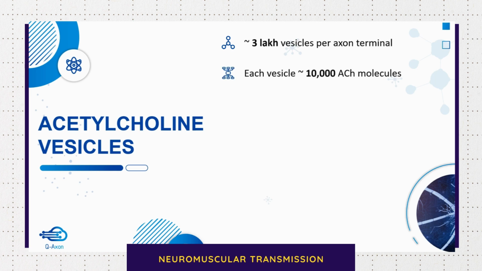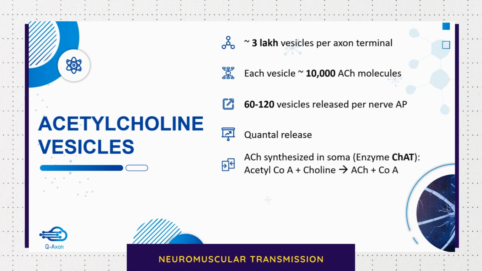And within each vesicle, we have about 10,000 acetylcholine molecules. So that's a lot. And during each nerve action potential, only 60 to 120 vesicles are released. So this means a normal person would not run out of acetylcholine. Now, acetylcholine is released in a quantal fashion, which means at a given time, a quantum of acetylcholine is released.